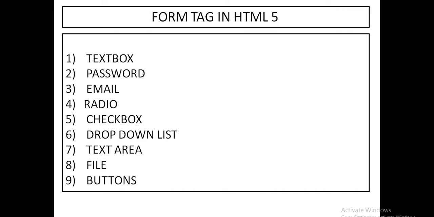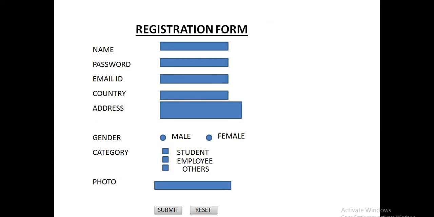second page or second screen, in which I show you how we are going to make our form in practical. So this is my layout, and I want to create a form like this in my HTML file. We have name, password, email ID, country, address, gender, category, student or employer, then a photo field, then two buttons, submit and reset.